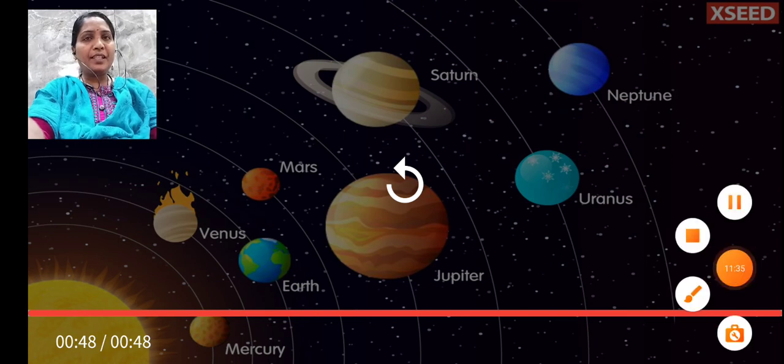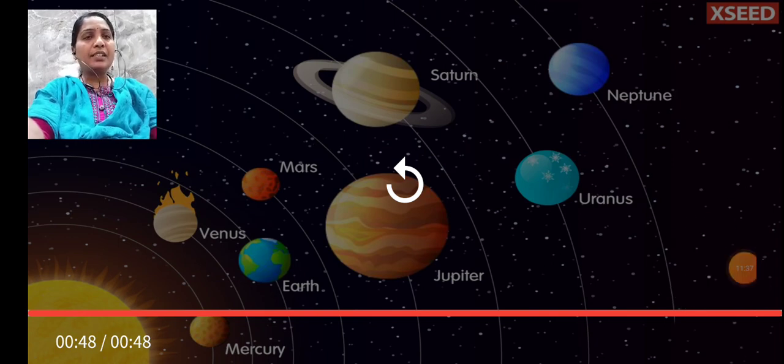And now we will see in which order you arranged all these planets. And before going to see your activities and before going to discuss our activity, one more time we will see the video, which clearly shows how these planets are revolving around the sun.